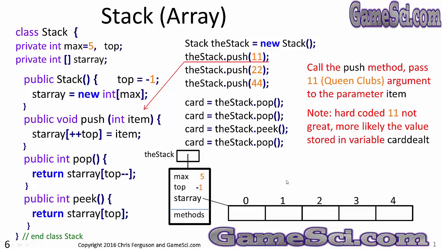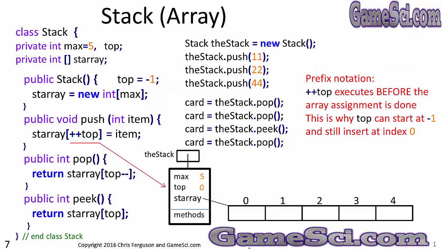Let's jump into the push method and see how it works. There's a little trickery going on, so pay close attention to this. Prefix notation. I only underlined this part of the code because this actually gets done first. ++ top executes before the array assignment is done.